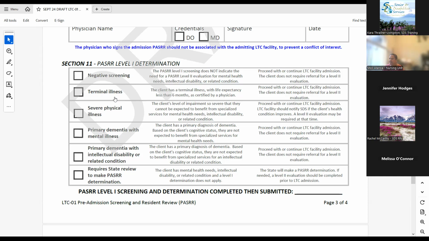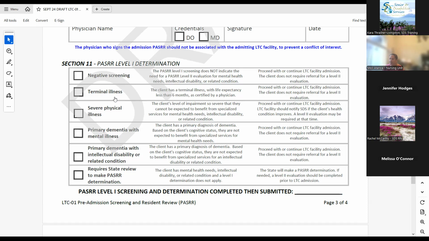Let's see. For provider signature, can we add nurse practitioners? Some are the following providers for patients. Right now, I believe the regulation is that it has to be signed by a physician, and that's what we've been working off of.